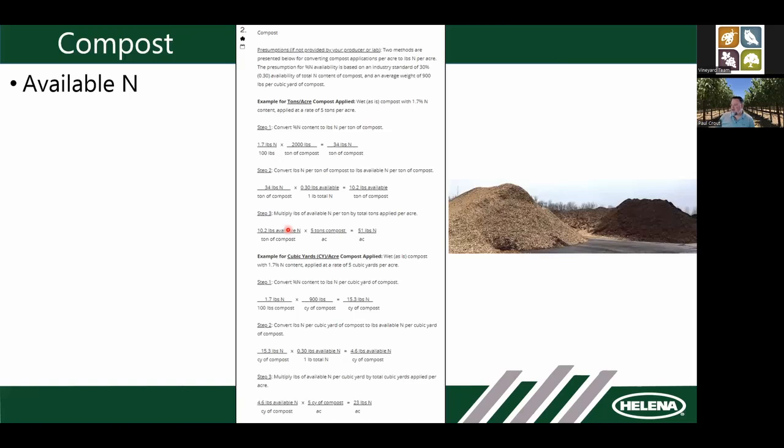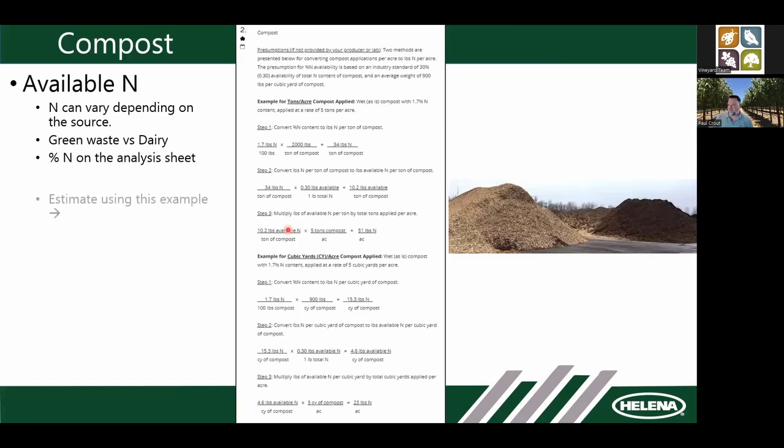If it's a dairy manure based compost, it's going to have higher nitrogen than green waste compost, just so you know. As I said, that percent N is on the analysis sheet that's going to be supplied by your compost supplier. And if you don't get it, ask for it, because it's really important to have that information. So we will estimate our compost using this example, which is 1.7% nitrogen compost.